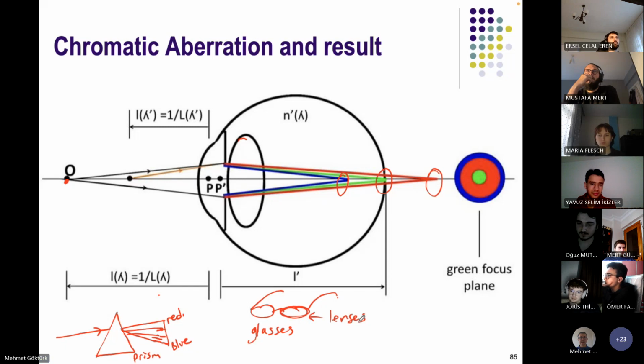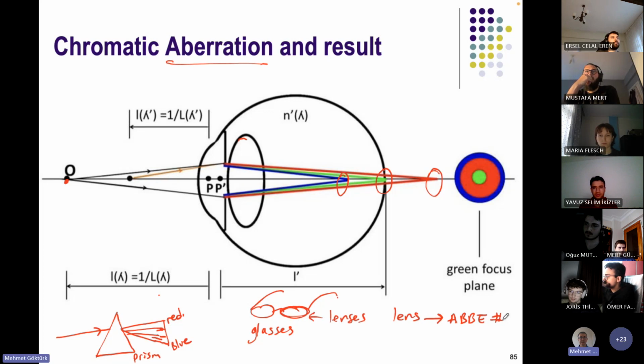And the phenomenon is named aberration, chromatic aberration. And each lens has an Abbe number. Okay? When you are purchasing eyeglasses, there is an Abbe number.